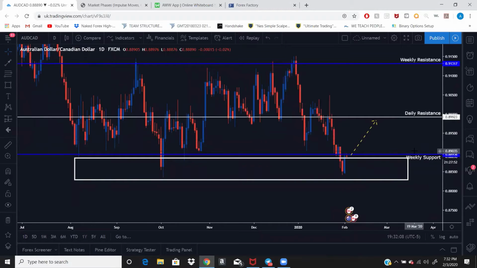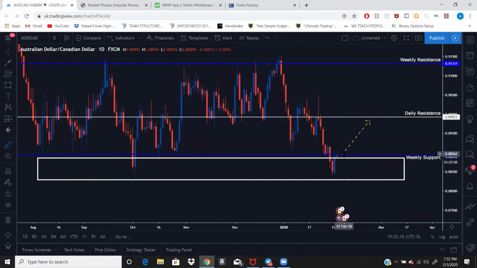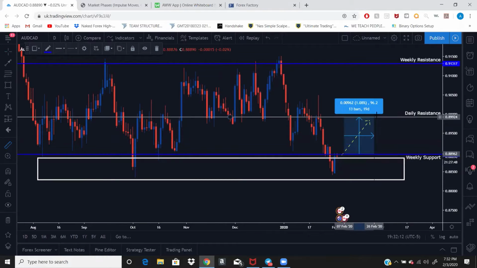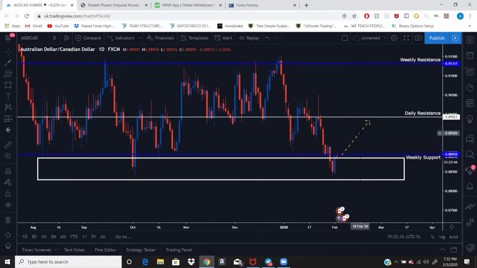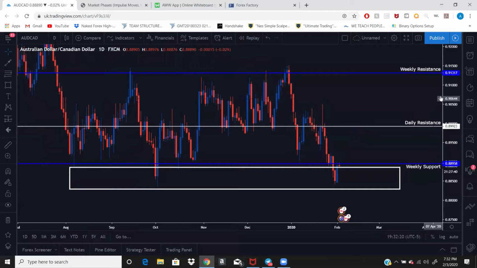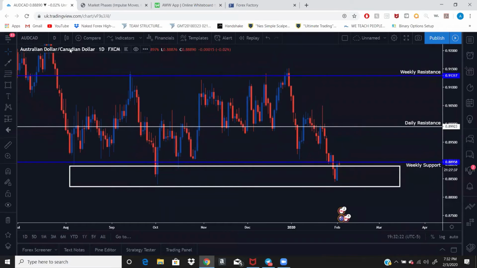AUD CAD, probably won't push it all the way to this, but I do expect this to rise another 100 pips, and it's not sure how it's gonna make its way up there.